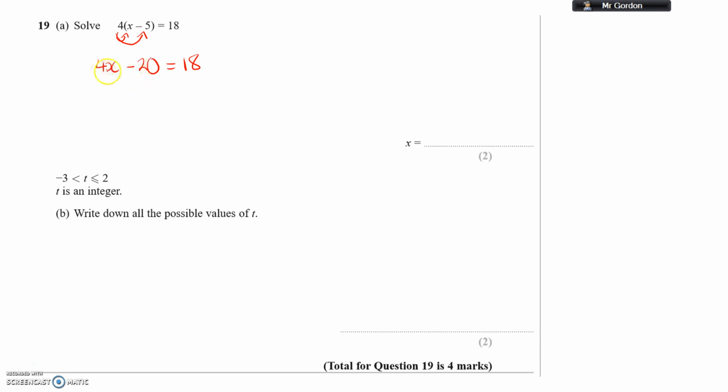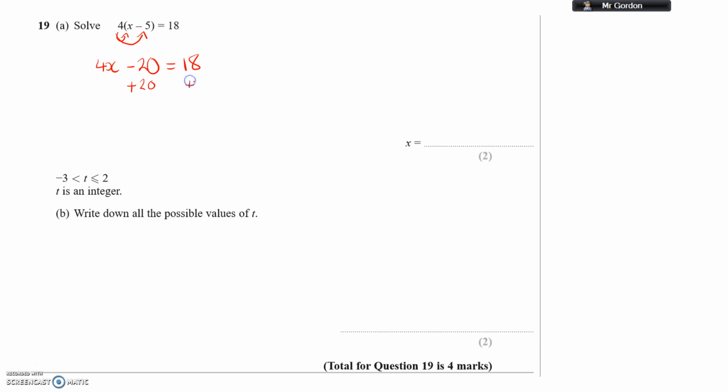So now I've got 4x minus 20 equals 18. I like to use the method where you do the same thing to both sides, and we're trying to get to x. So I need to get rid of everything. I need to get rid of this minus 20, and I need to get rid of this times by 4. So I'm going to add 20, that'll cancel that out.